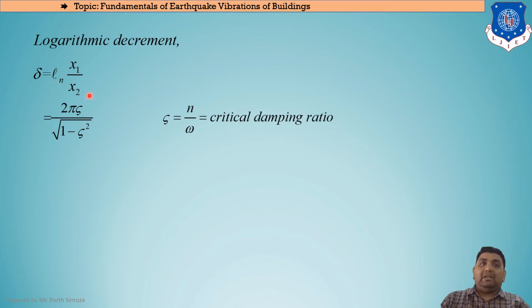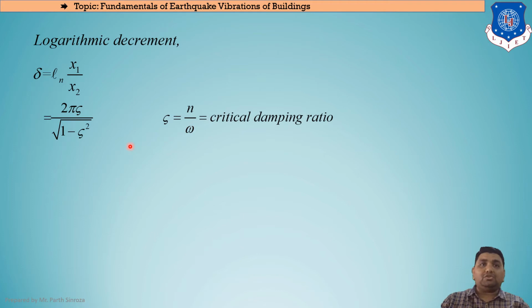If the amplitudes are not given in your numerical problem, and the value of zeta, or you can say the damping ratio, is given, then you can solve this equation for getting the value of delta. The zeta, that is our damping ratio, is n upon omega. n is the damping value, and omega is the angular frequency.